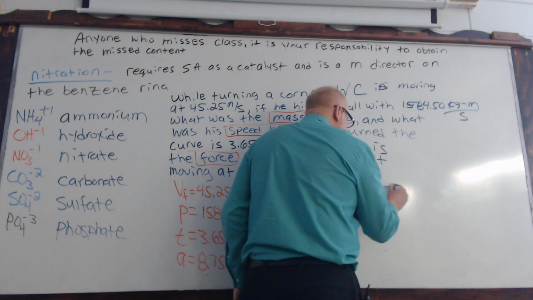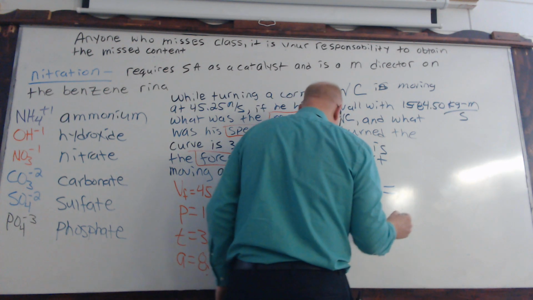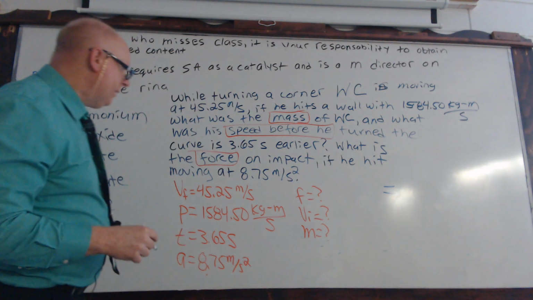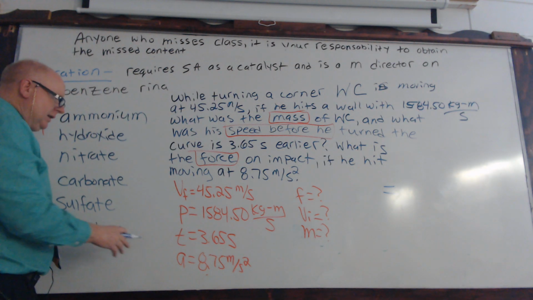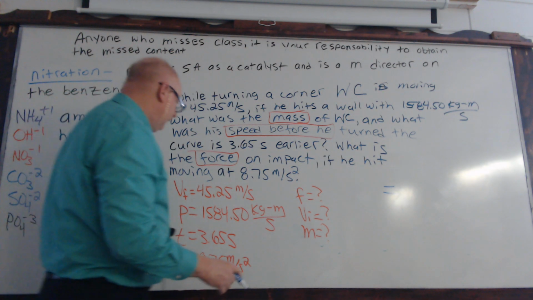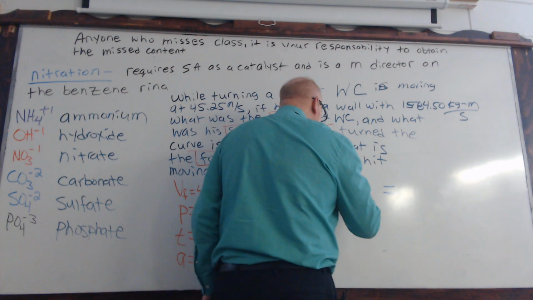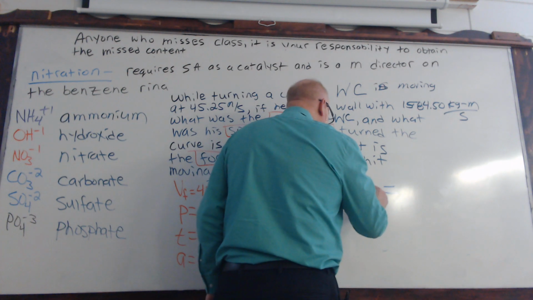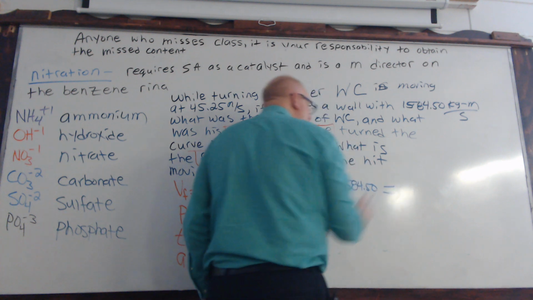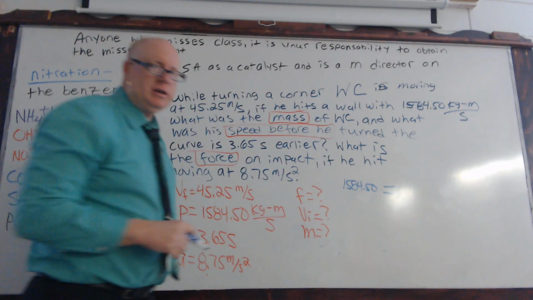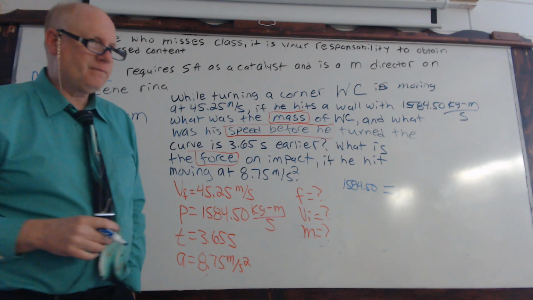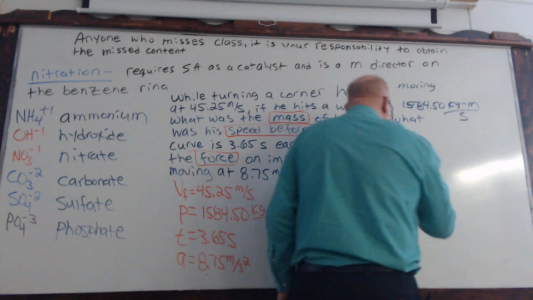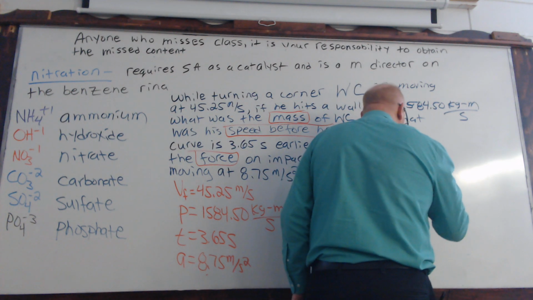So how can you solve for your mass? You take your momentum divided by your final velocity. Okay, so we're using the momentum formula. So we've got 1584.50. So what's on the right-hand side of that equation now? 45.25. Is that it? No, also your mass.